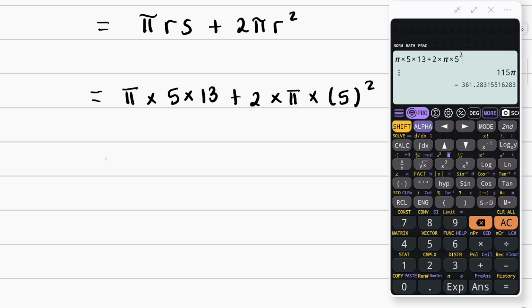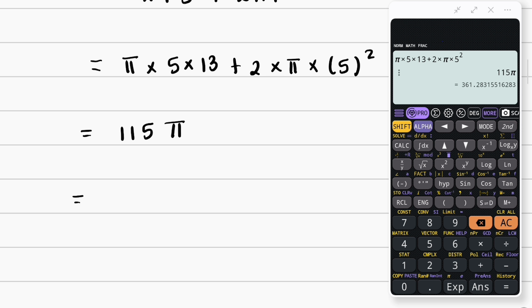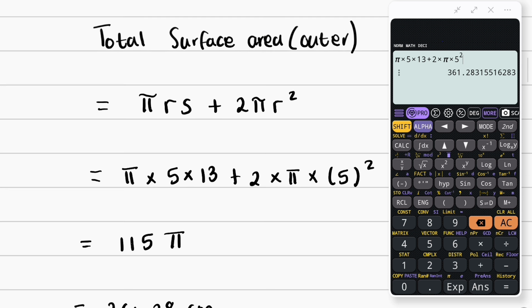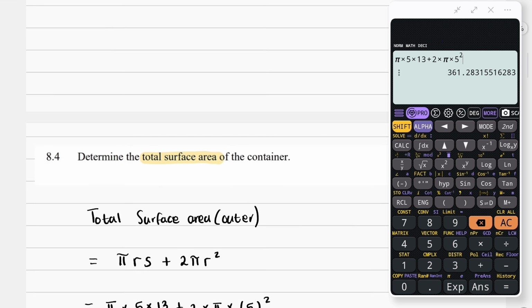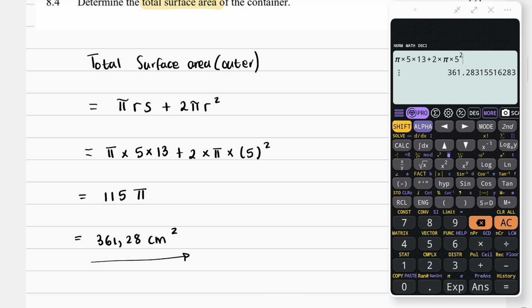First, in terms of pi, it is 115 pi. If we put this in decimals, it is 361.28. Now remember, this is surface area, so it's centimeters squared. And that is our final answer. And that is it for question 8.